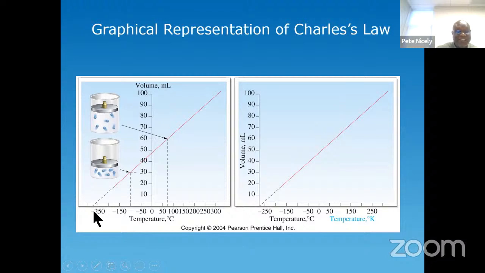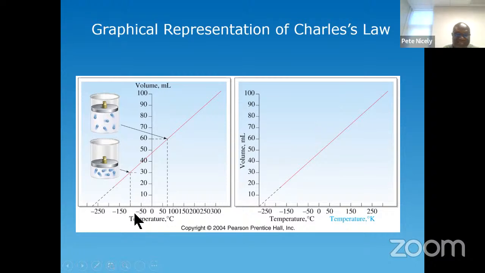And that represents basically where the particles will have absolutely no form of translational, rotational, or vibrational energy. In other words, no kinetic energy whatsoever. And that is what is called absolute zero. So that's where the Kelvin scale comes from.